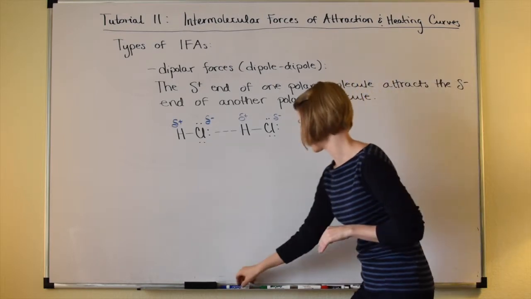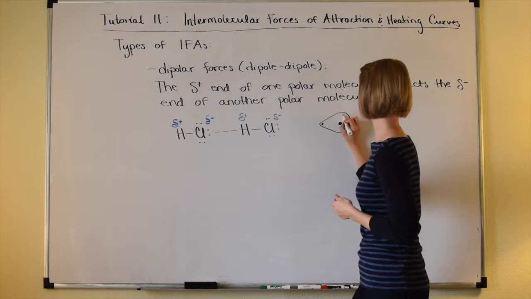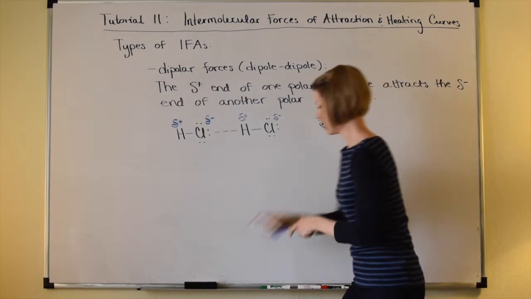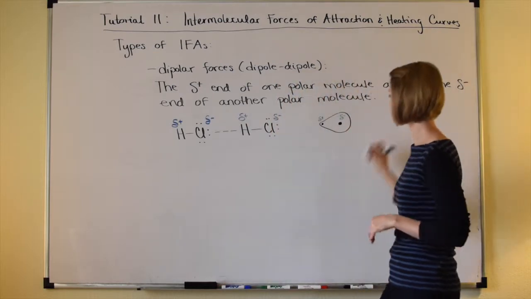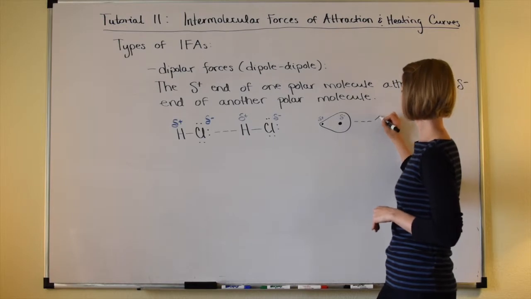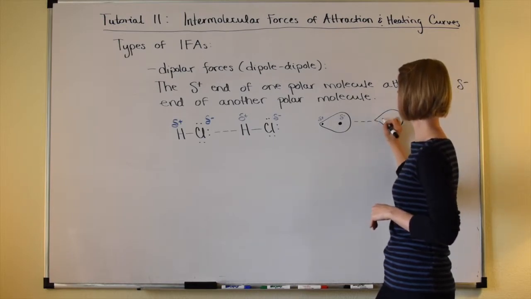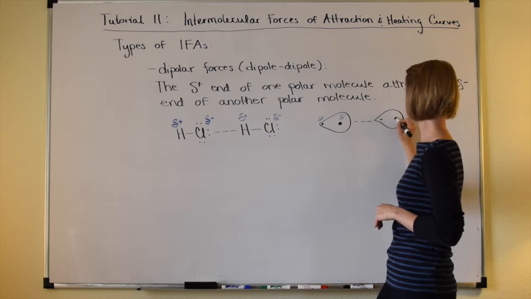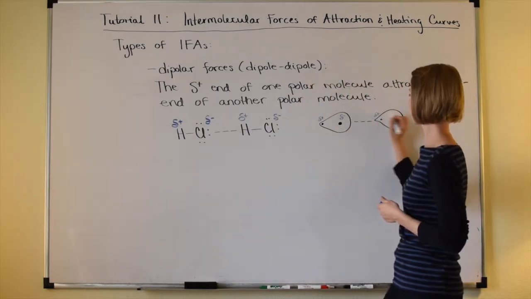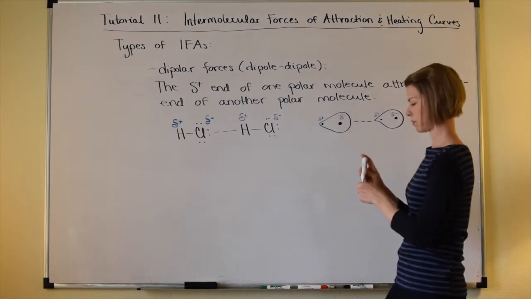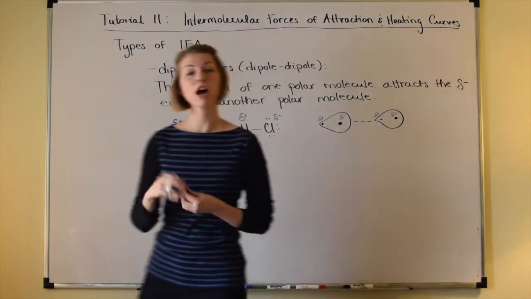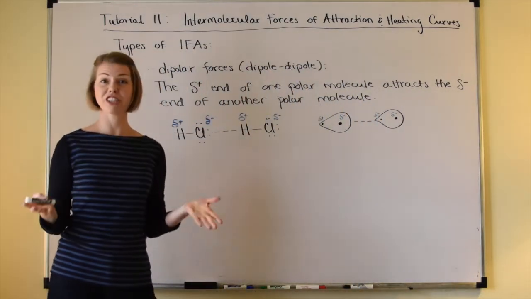Okay, so this was our partial negative charge buildup on this side, leaving this side partial positive. Okay. So anytime you have a polar molecule, that partial negative end will attract the partial positive end of another polar molecule. So let's make this partial positive, partial negative. All right. So again, I think that one is the easiest one to understand, and that's why I like to start with that one.